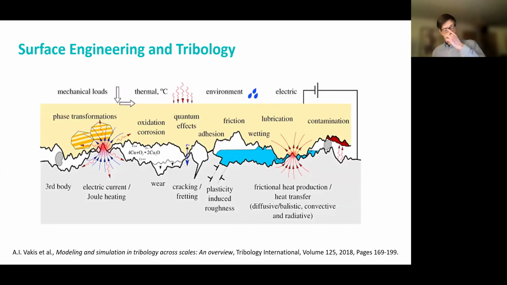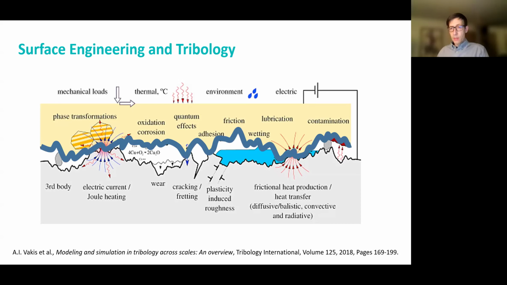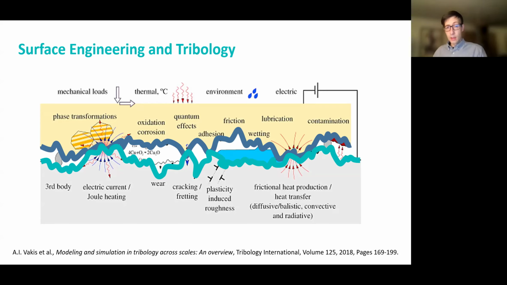So when we come back for a second to that cartoon showing two surfaces in relative motion, surface engineering is helping to deal with some of those processes. Let's say we want to decrease friction by simply adding some extra material at that interface so that you achieve the properties that you are looking for. You might have coatings on both surfaces, and then of course that changes that interaction quite dramatically. And with those coatings, you can control that process. You can achieve the properties of the surface that you are looking for.